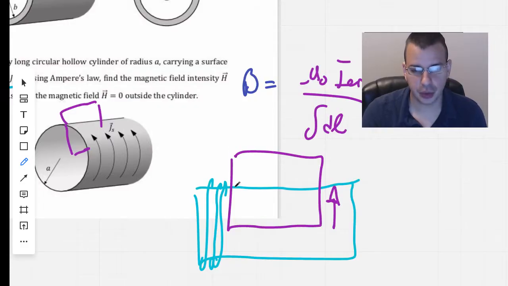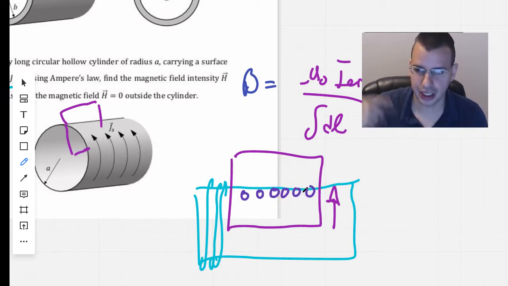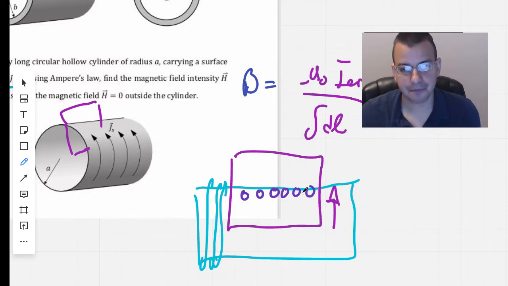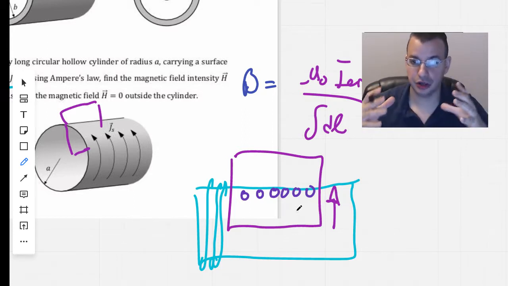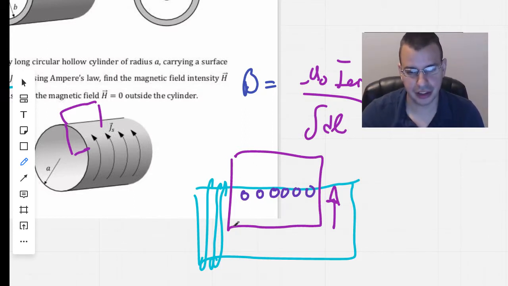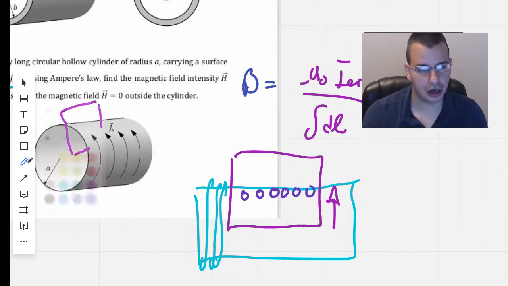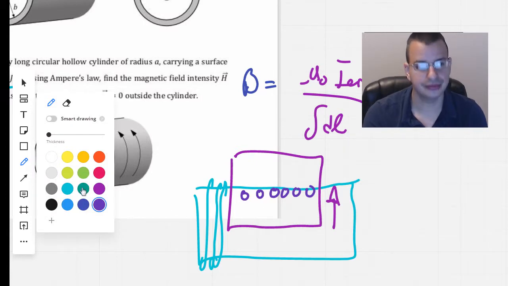So if we look at how these wires are kind of cut by our shape here, we have wires like this, and they're either going in or out. And so when we do this integral here, and we look at the current enclosed, you have these three segments of our Amperian loop that include a current.